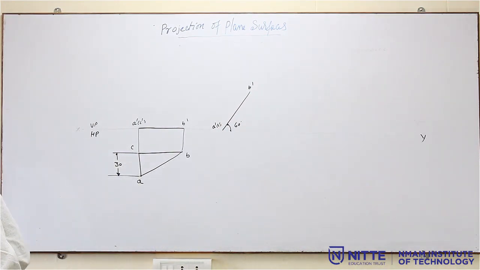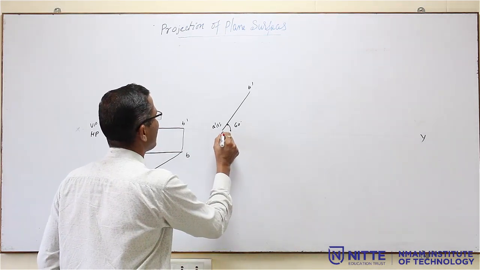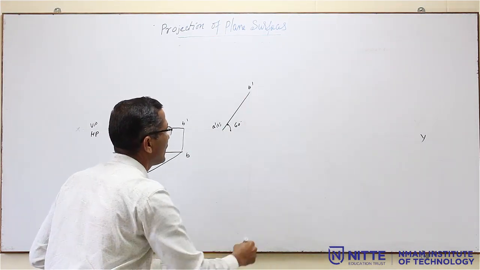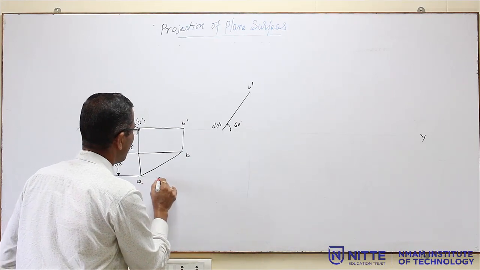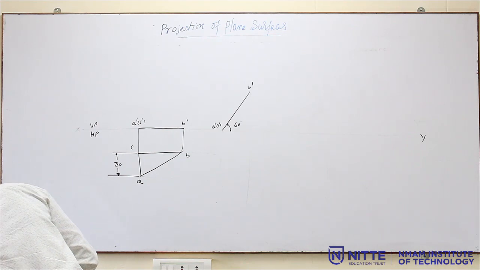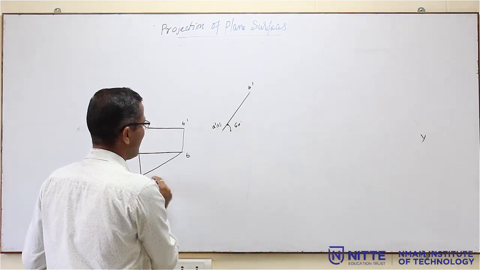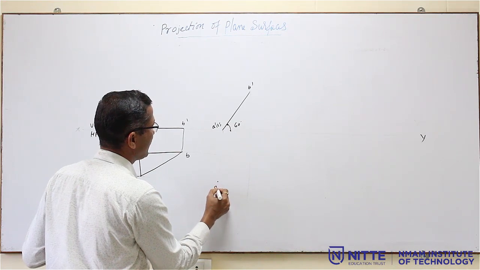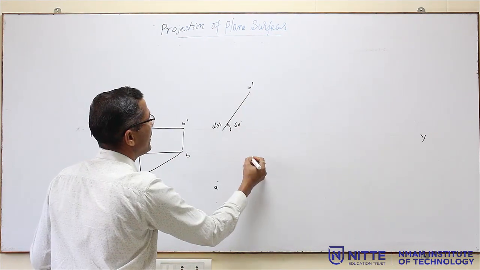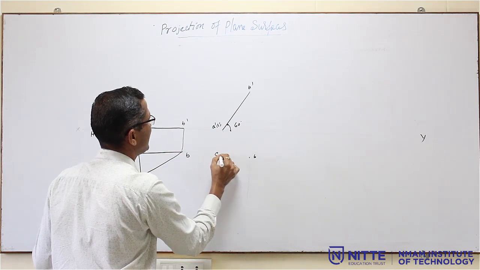Then project all the lines down below the XY line, and project horizontally all the points and name them A and A dash. So, this becomes A, B, B dash. So, this is B and C, C dash, this is C.